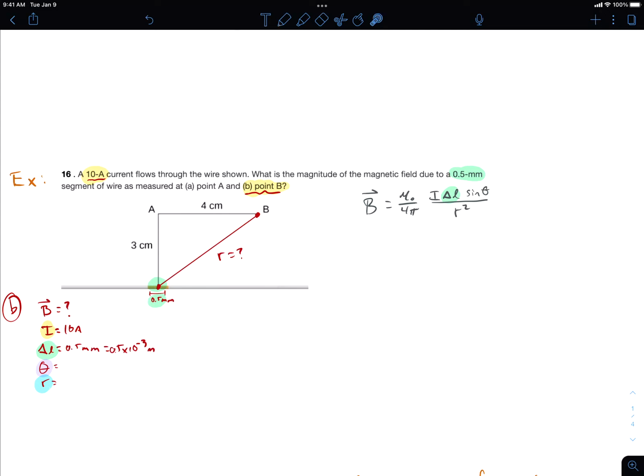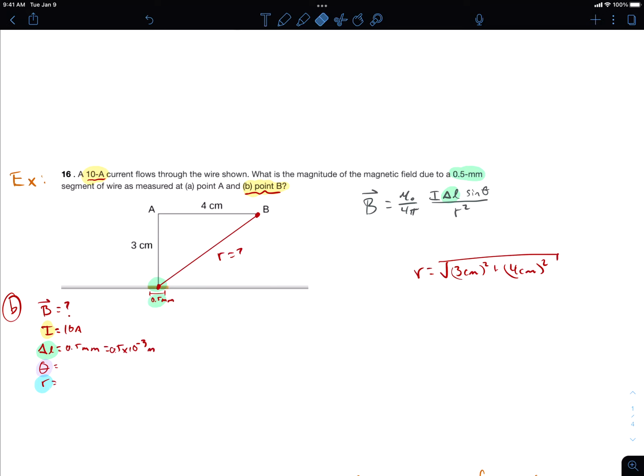So if you did this, there are a few ways I can do this. One is Pythagorean theorem, right? I can do R is equal to the square root of 3 centimeters squared plus 4 centimeters squared. Okay, I can find this. If you also know, this is a common triangle, so I have a 3, 4, 5 triangle.